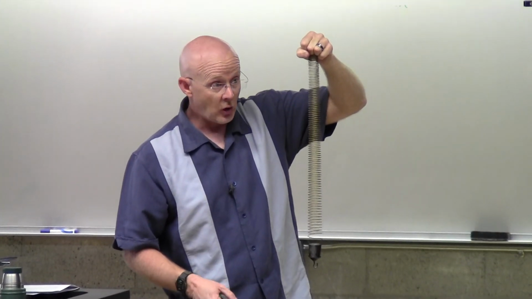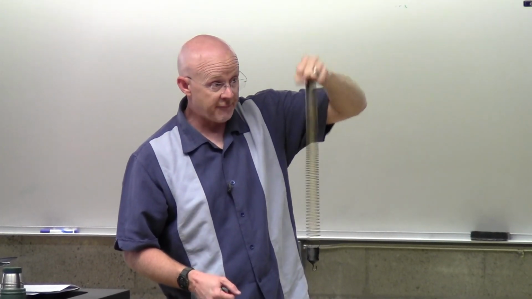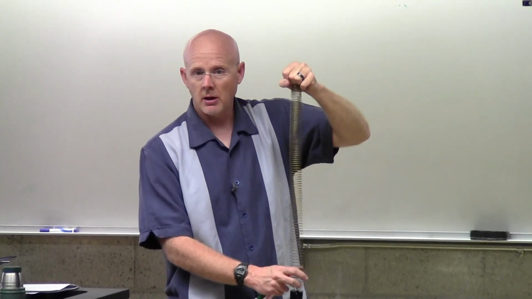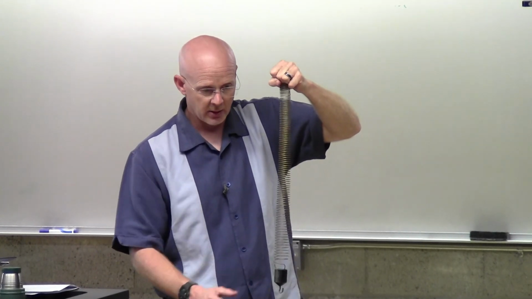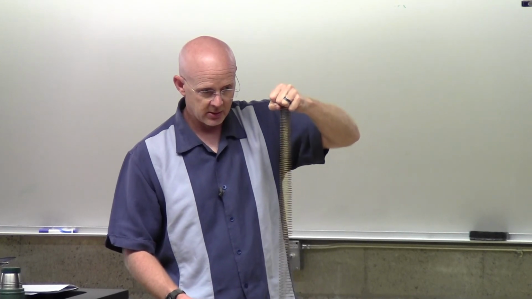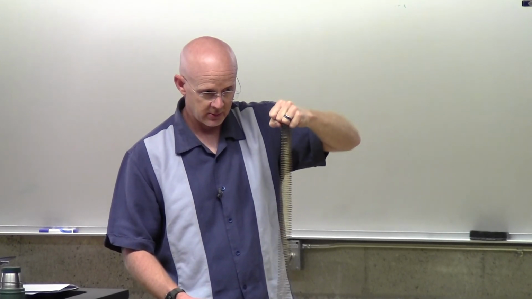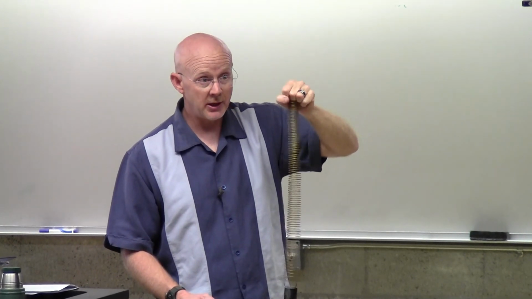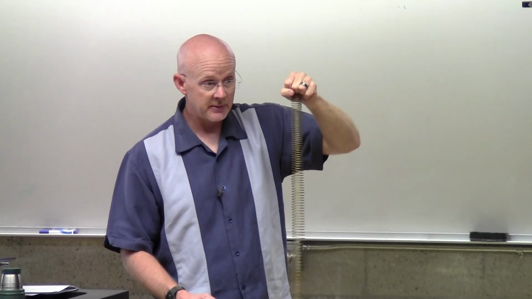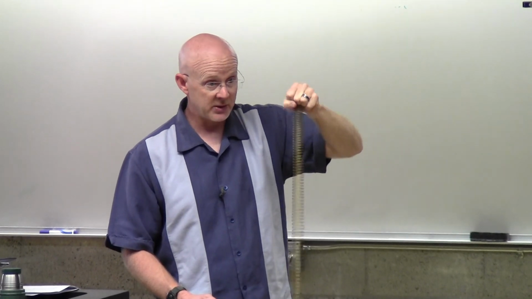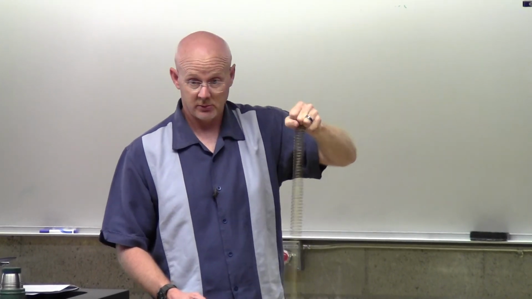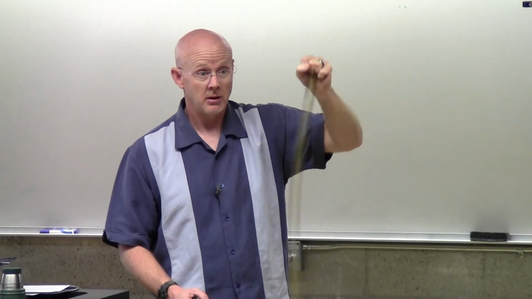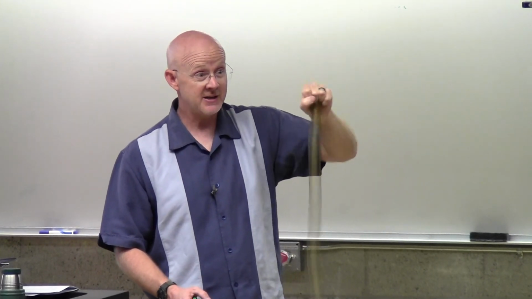And so I can hold it here and shake it with a high frequency. I could hold it here and shake it with a low frequency. Or I could hold it here and shake it at the same frequency it naturally vibrates. Don't I get different effects?